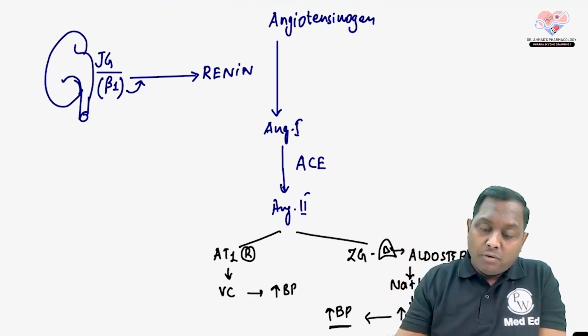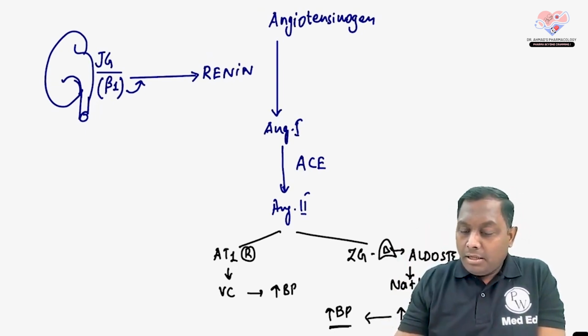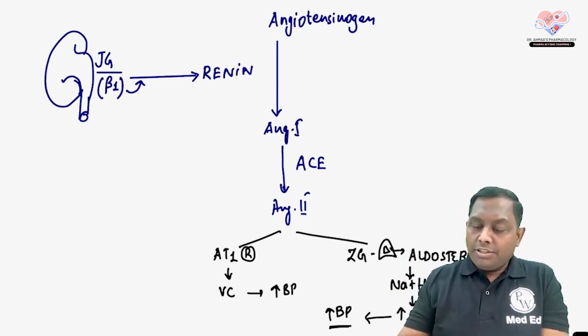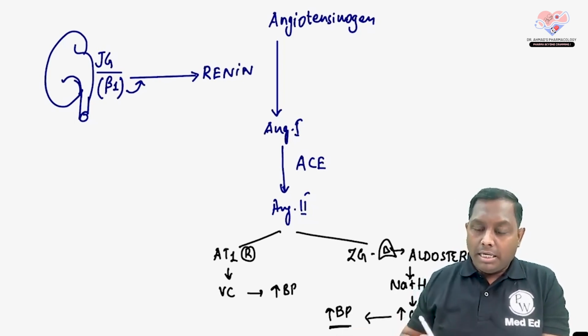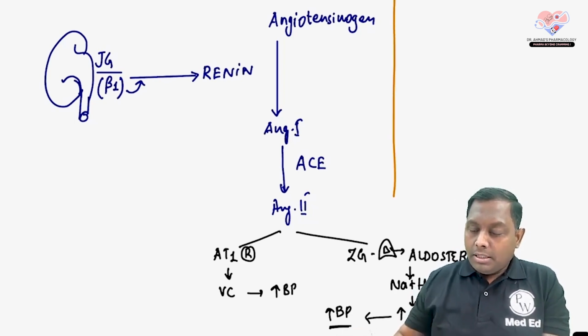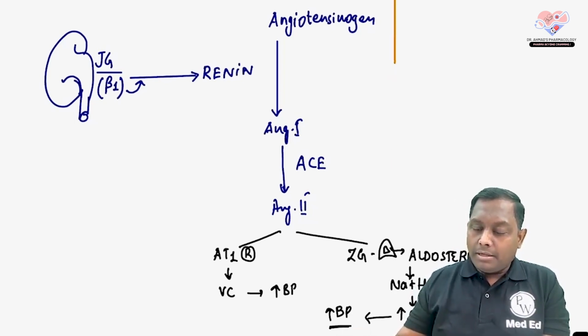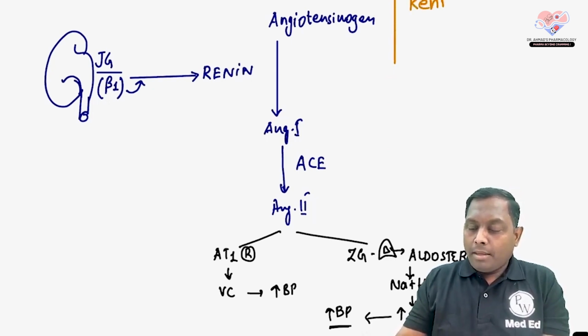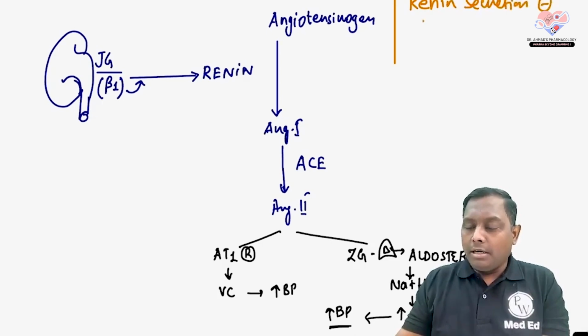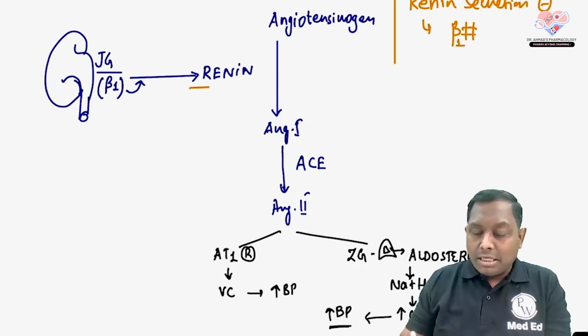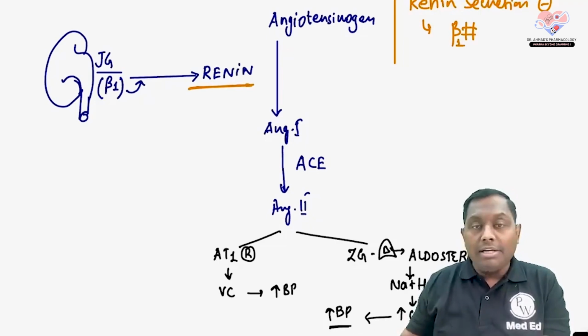Okay? Now one by one let's plot the drugs. Let's do our favorite work that we have been doing so far. First and foremost, if a question asks for a renin secretion inhibitor, the answer will be any beta 1 blocker, because renin is secreted under the influence of beta 1.